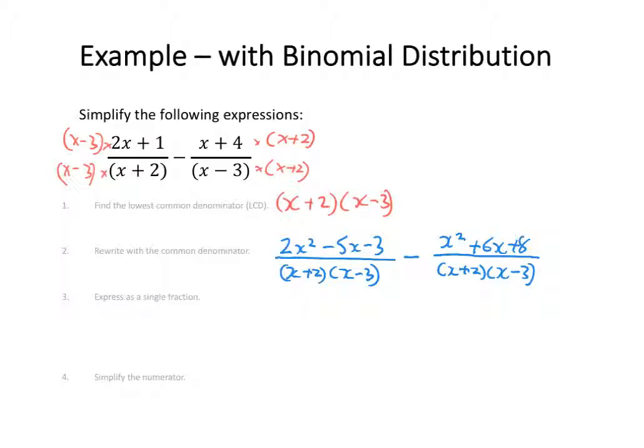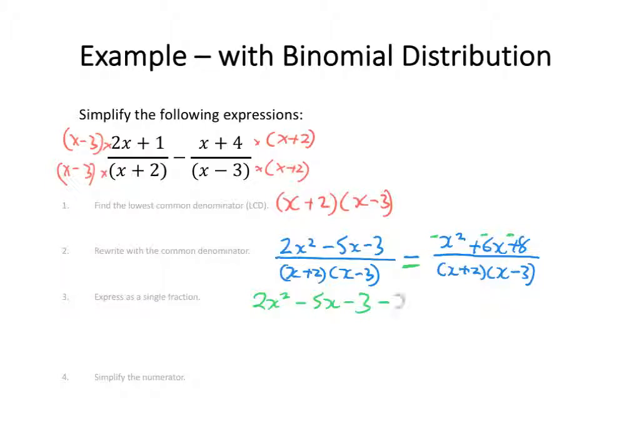I can now move on to step 3 and express as a single fraction. And I do that by going across my numerator. So 2x squared minus 5x minus 3. And then I'm subtracting away an x squared, subtracting away a 6x, and subtracting away a positive 8. So my subtraction sign applies to all of the components that come after it.